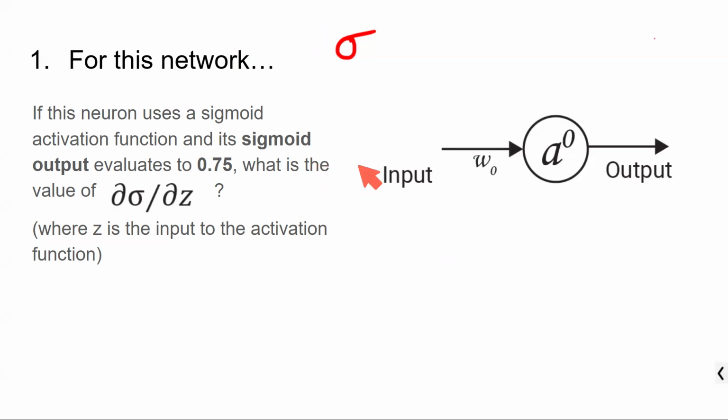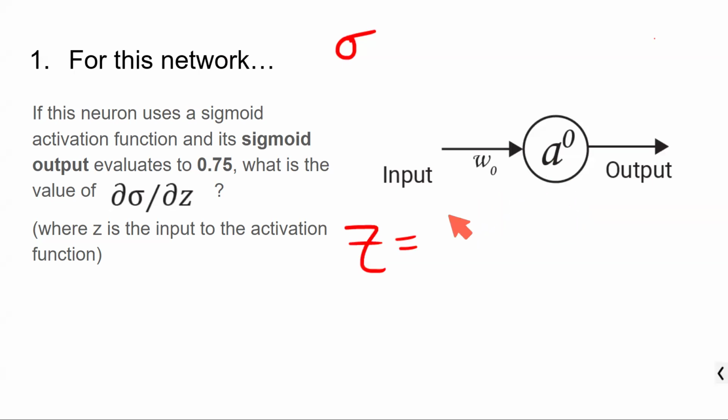Okay, the next thing that I've got is Z, and I'm using the nomenclature of Z a lot as well. When I say Z, I'm referring to the weighted biased input sum before activation.